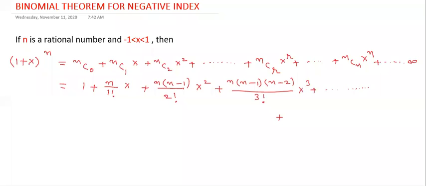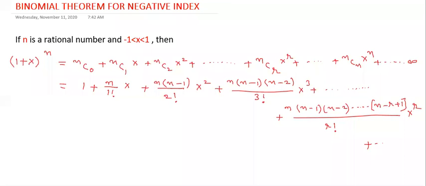Now I am going to write the general term here. What is the general term? n into n minus 1, n minus 2 and so on, up to n minus r minus 1, that means n minus r plus 1, divided by r factorial into x power r plus and so on, infinite.